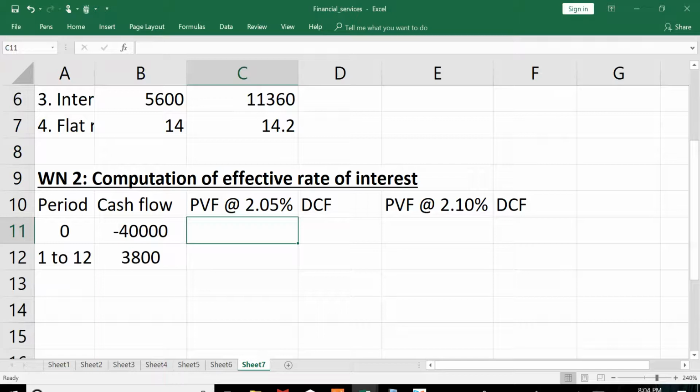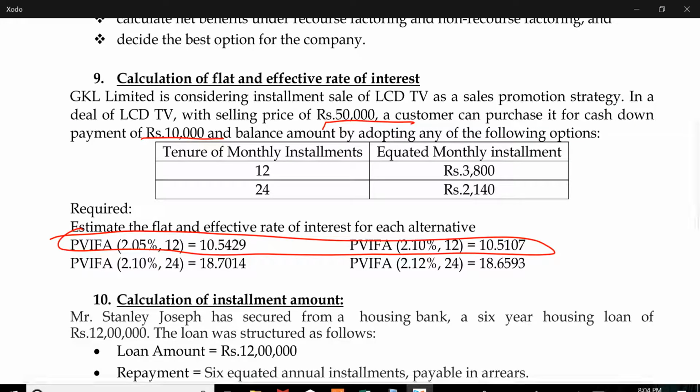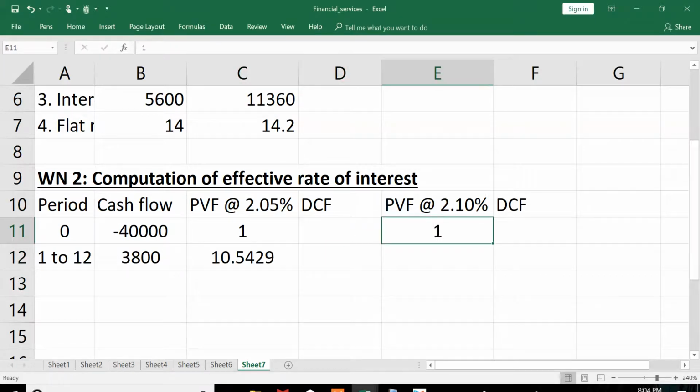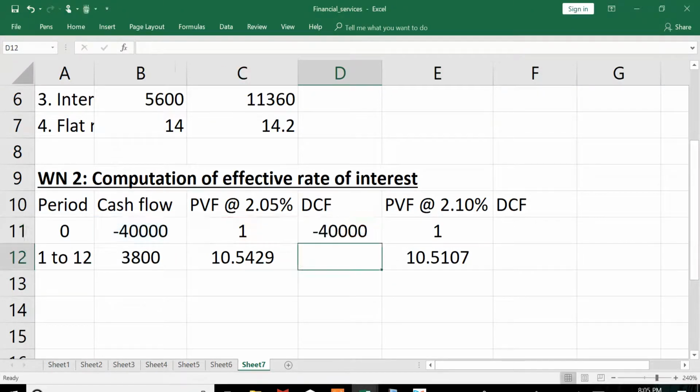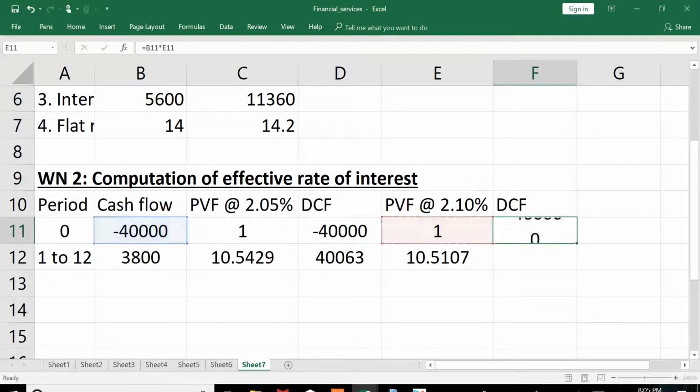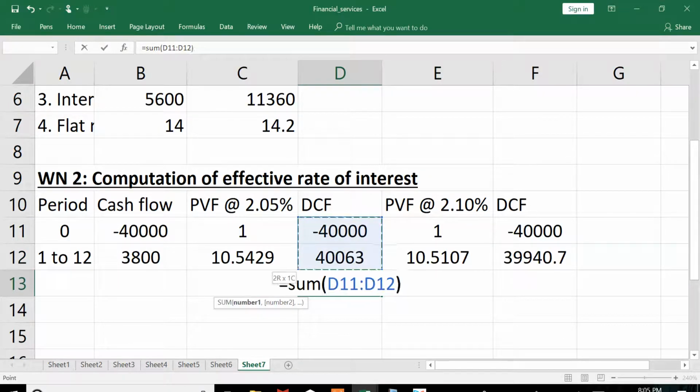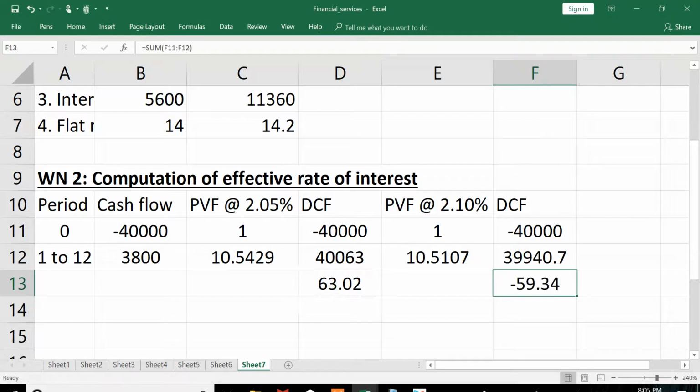The numbers are given there, the factors and all. One positive, one negative, get me the rate IRR.